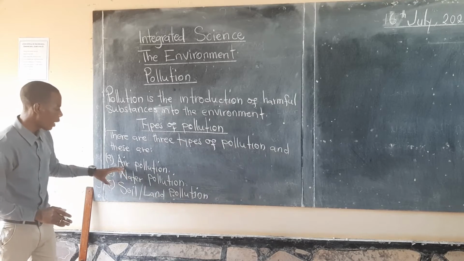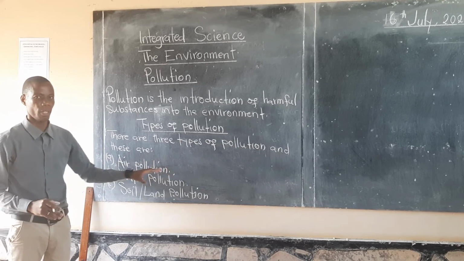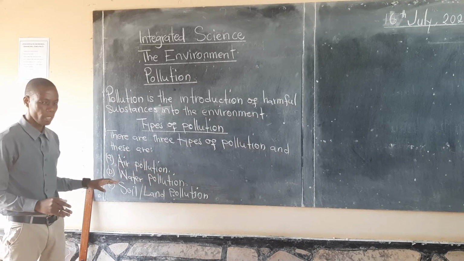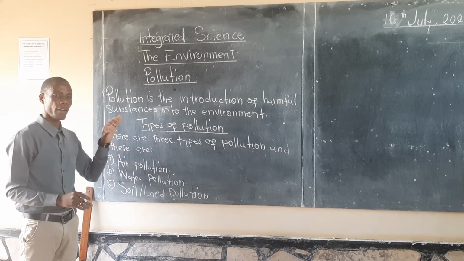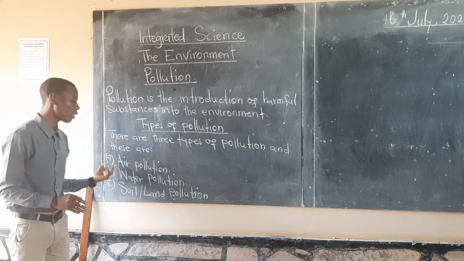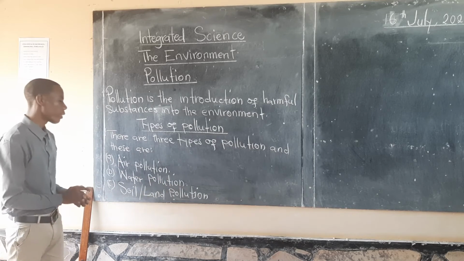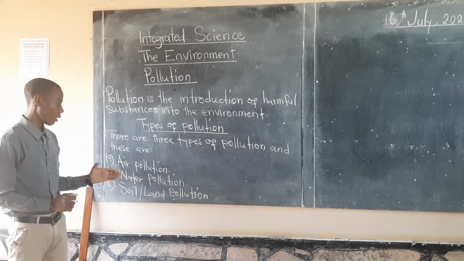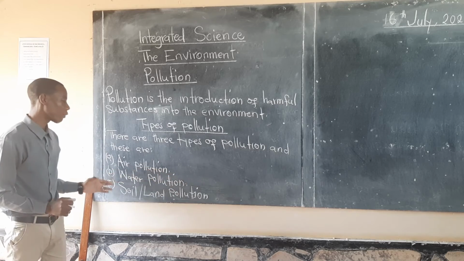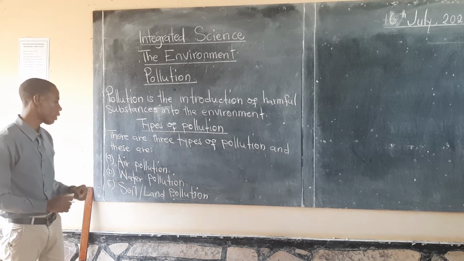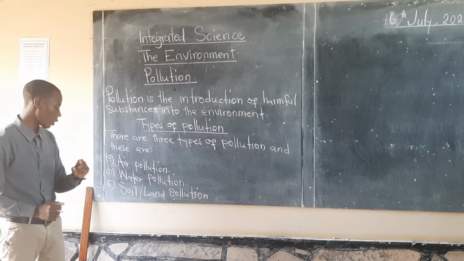Because air is an environment, and once you introduce harmful substances in an environment, you are going to affect the living things that depend on what? Air. Water as well is an environment. Once you introduce harmful substances in water, you are going to affect the living things that are found in water.